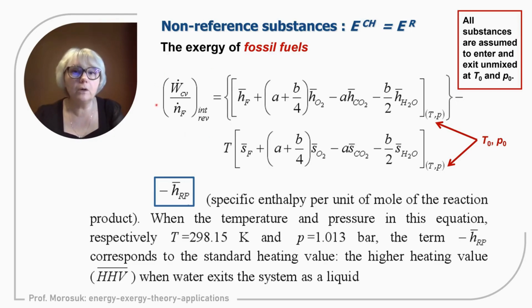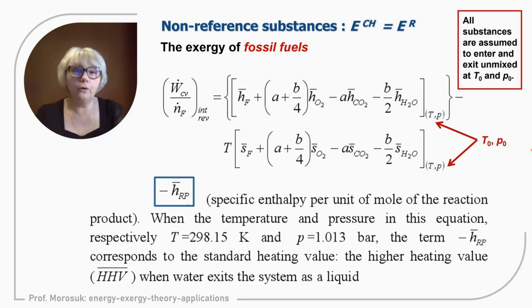As usual, work for the isothermal process we can write using a very well-known thermodynamic equation, and we should always keep in mind that all these values, enthalpy and entropy, we will calculate at temperature and pressure of the environment. And I repeat that at temperature and pressure of the environment, water will be in liquid phase.